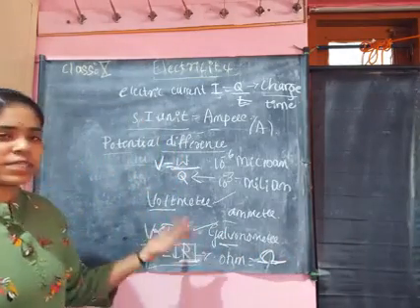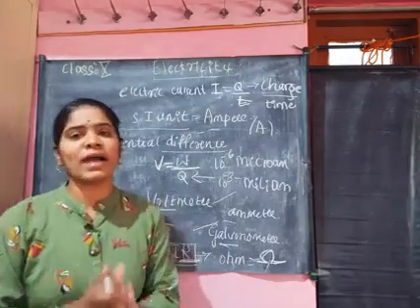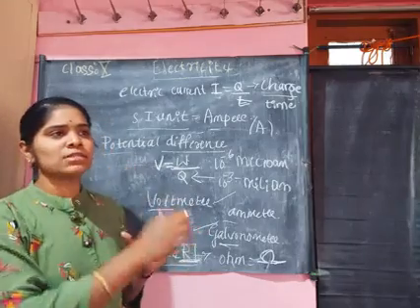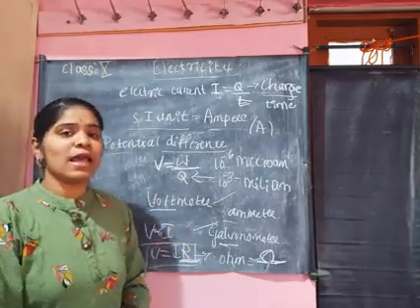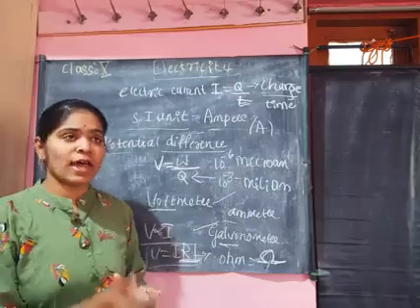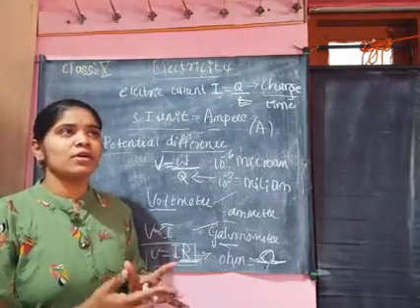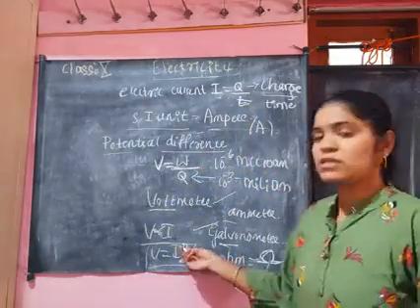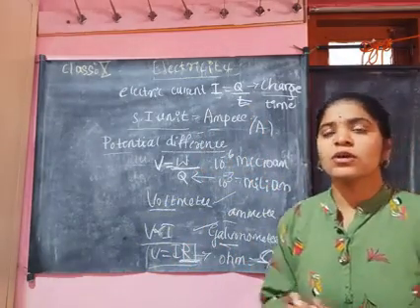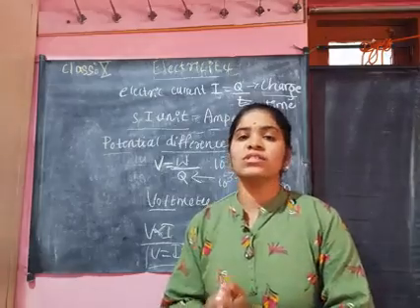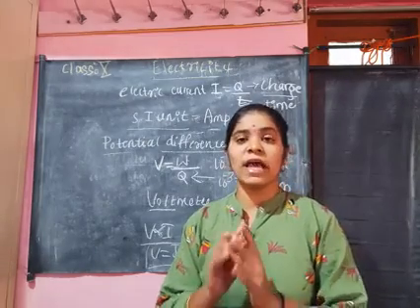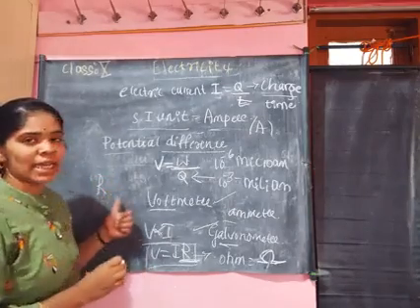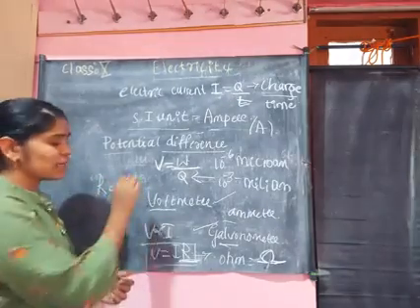This resistance depends upon some factors, like the length of the wire and the cross-sectional area. The resistance is directly proportional to its length.